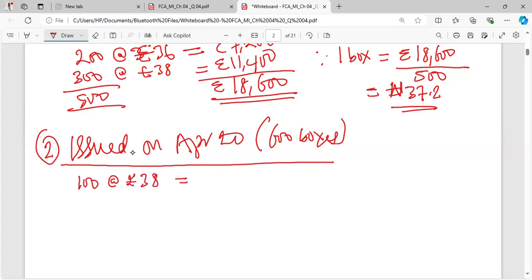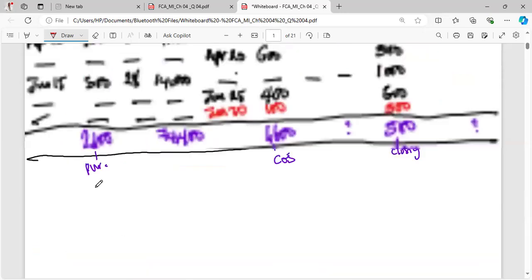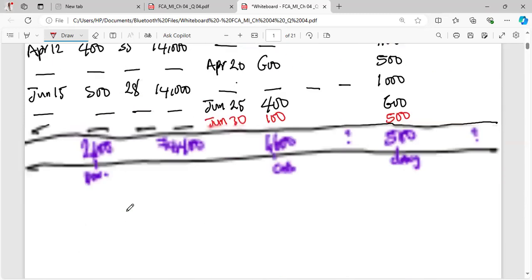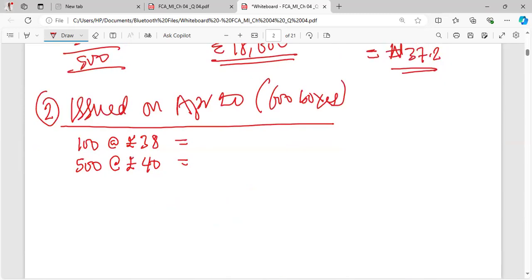Then the remaining 500 will be taken from the 600 that was bought after that at 40. Let's verify again. 600 was here. We'll take 500 here at 40. So what do we do now?